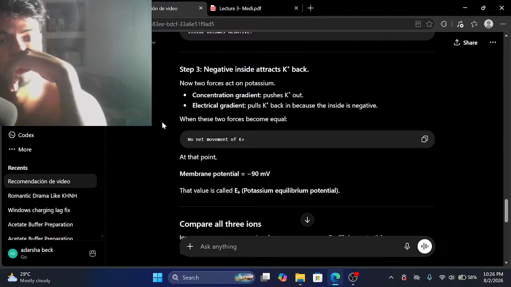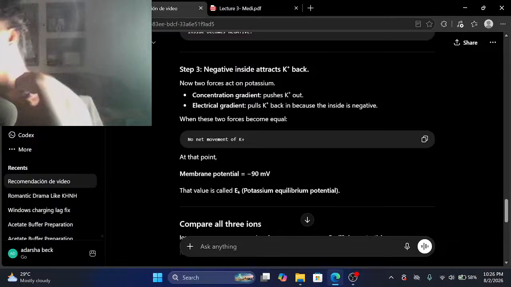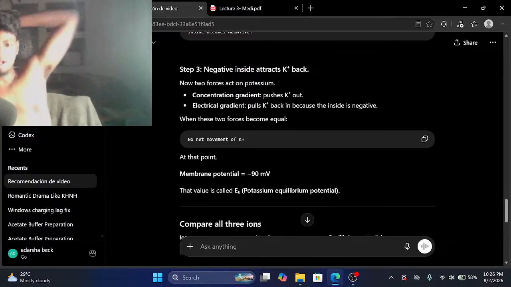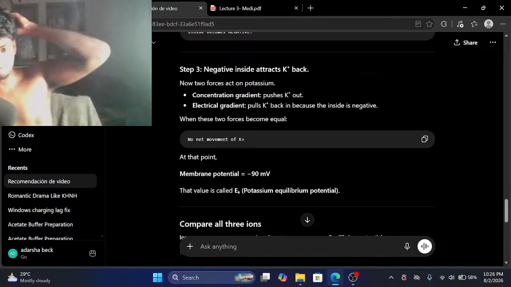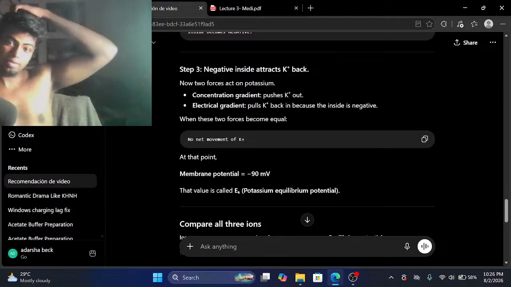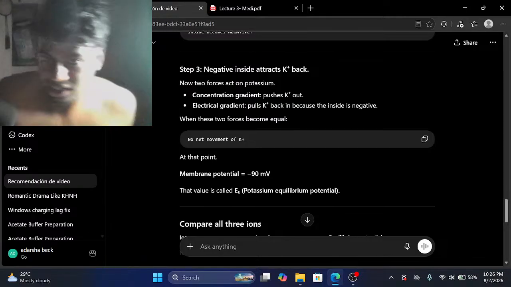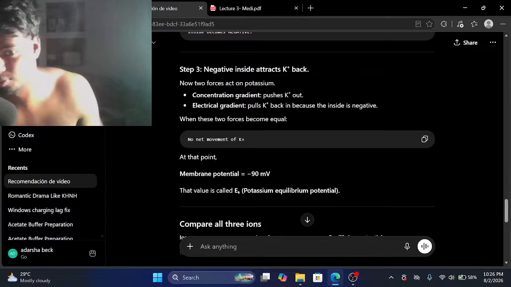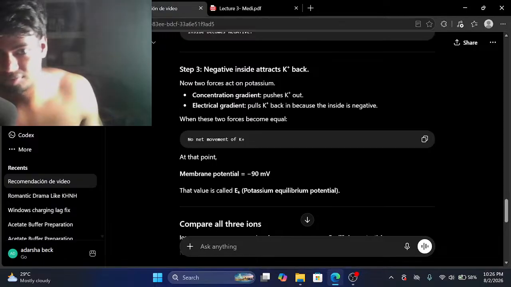Minus 90 millivolt is the potential at which, if you keep the cell membrane at this potential, potassium will not move out, because at that point the concentration gradient force will be equal to the electric gradient.